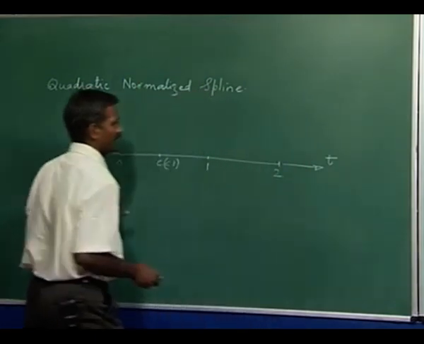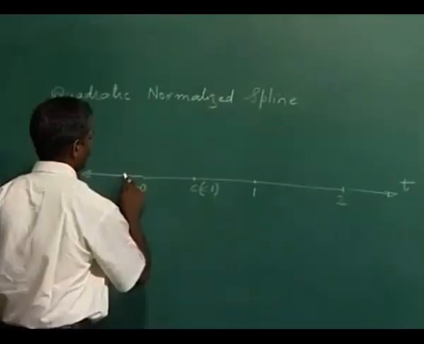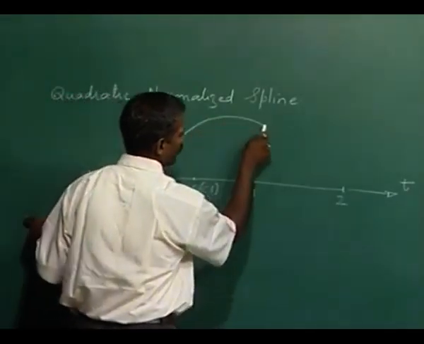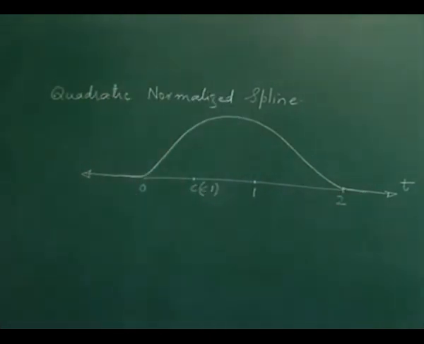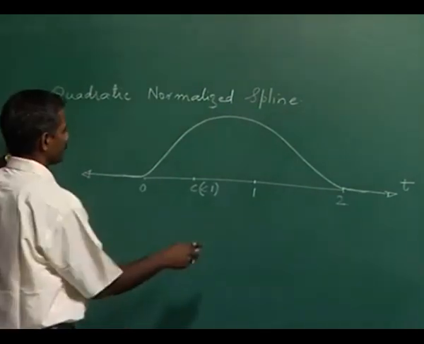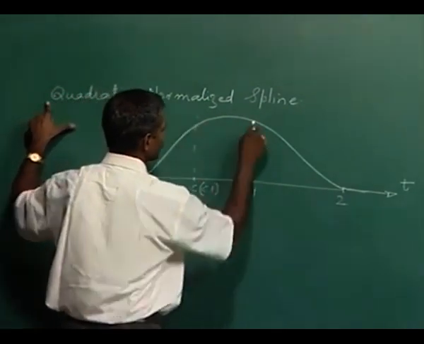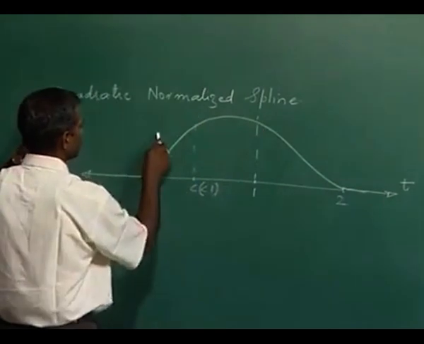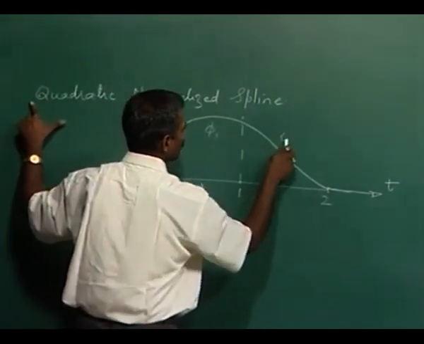We have T extending to both right and left. Let's say this is our quadratic normalized spline, or spline in general. Doesn't need to be normalized. Divide this into 3 segments: phi 0, phi 1, phi 2.